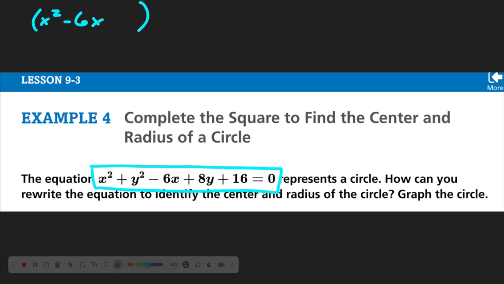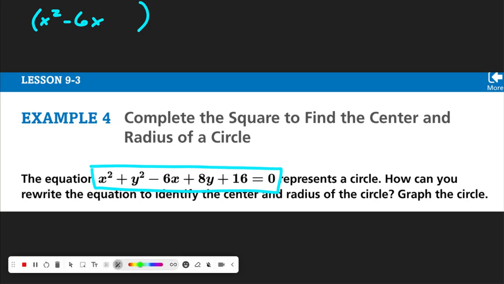Then take your y squared and group that with the y term, and leave yourself some space. Then move your constant over to the other side. So I'd have to subtract 16 from both sides. Does everybody understand what I've done so far?